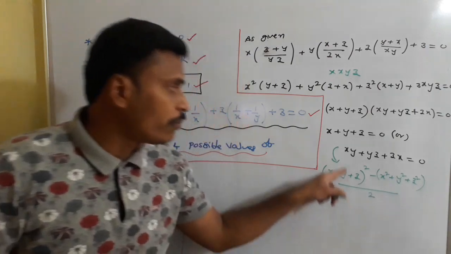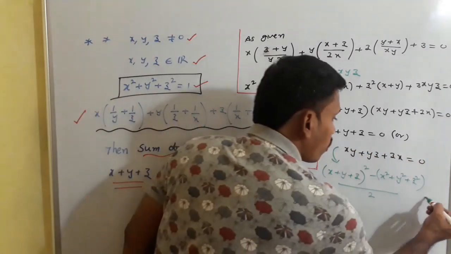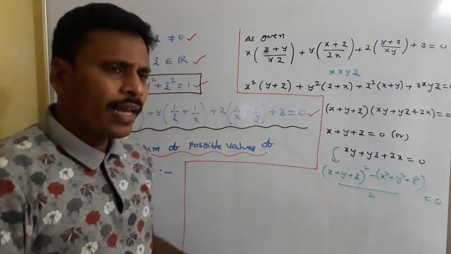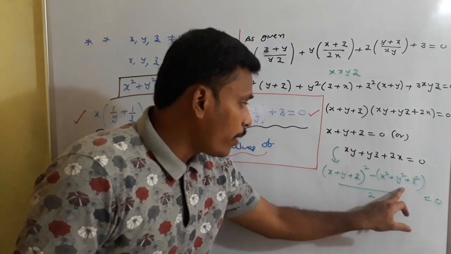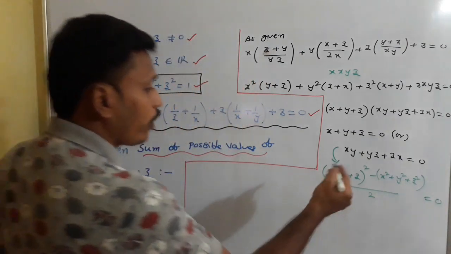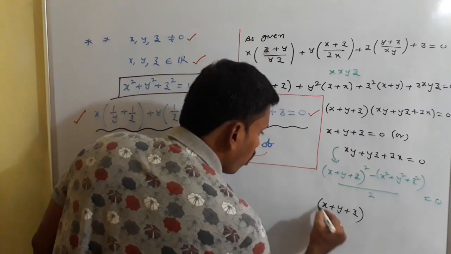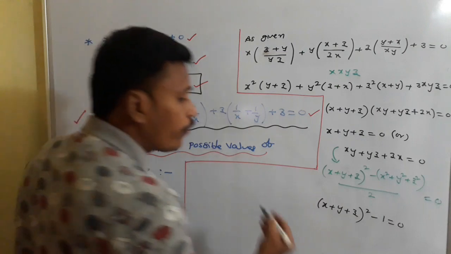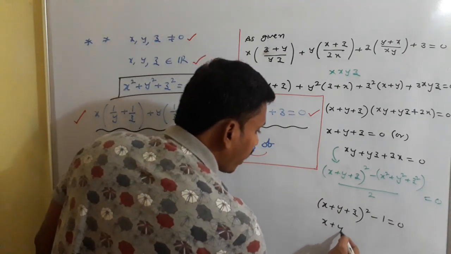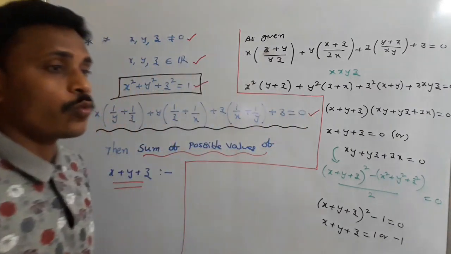Since this is 0, it is equal to 0. Now it is very easy. Send this to that side and replace x square plus y square plus z square with 1. Then you will get x plus y plus z whole square minus 1 is equal to 0. If you simplify this, you will get x plus y plus z is equal to 1 or minus 1.